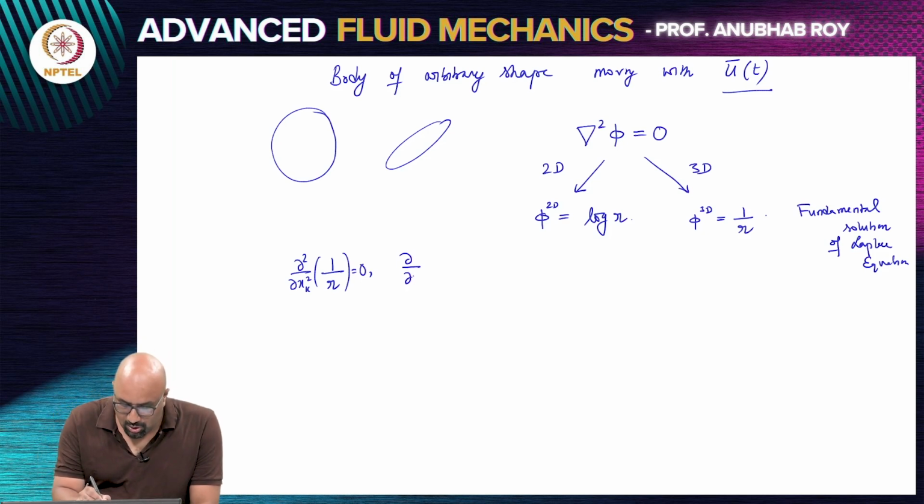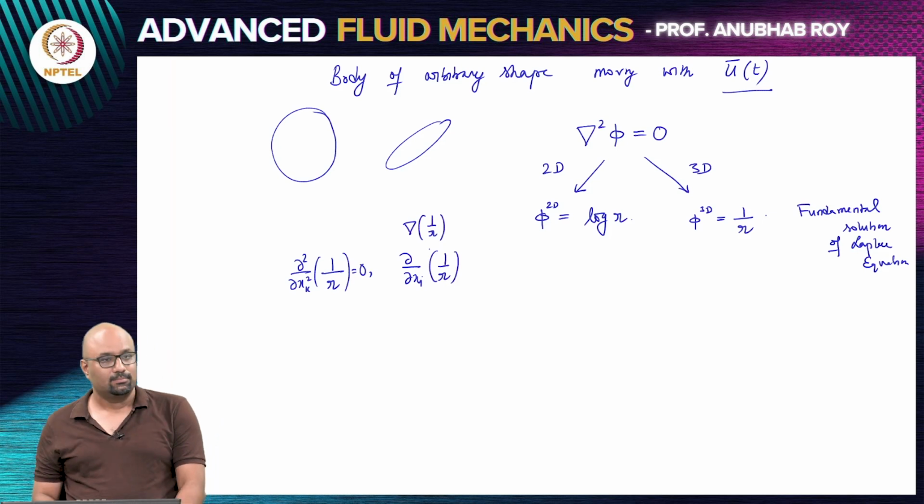Now what about dou xi of 1 over r? Dou xi of 1 over r is basically grad of 1 over r. Is that a solution?